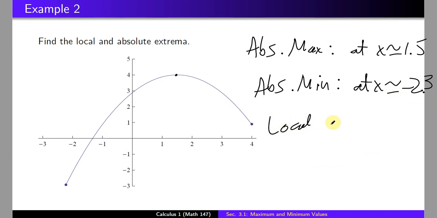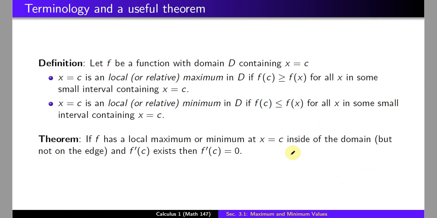Local max and local min. Well, let's go back and look at one key aspect in terms of the definition. It's a local maximum if at that particular x value, the corresponding y value is bigger than or equal to any other y value in some small open interval around x equals c.